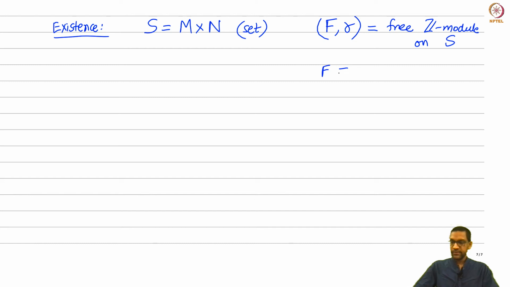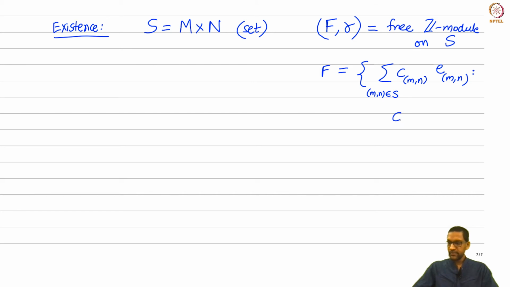Well, that just means the elements of F look like linear combinations, if you wish, of the form c_mn e_mn. Now the mn's come from the set S, meaning from the cross product.